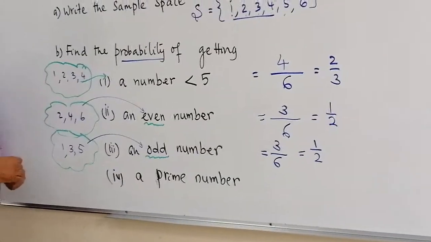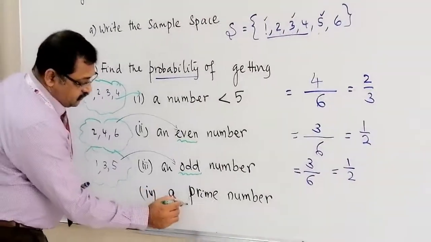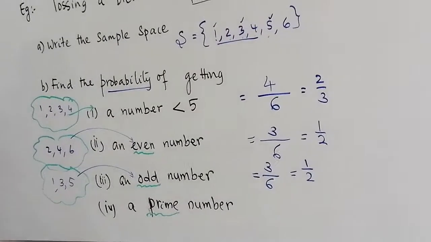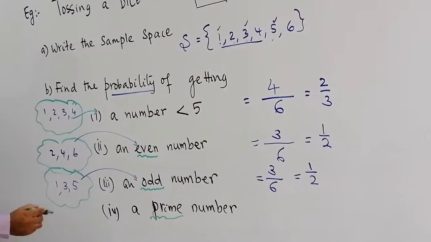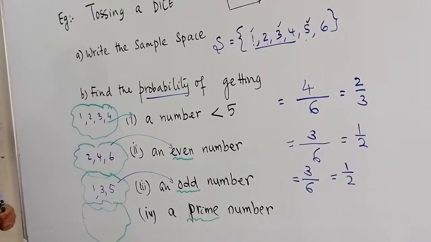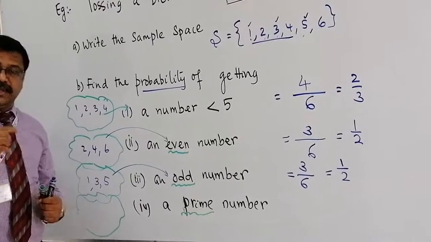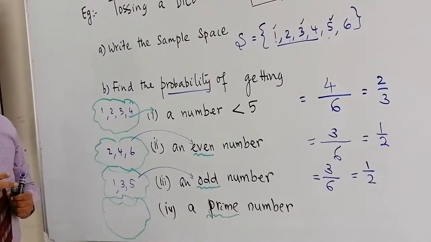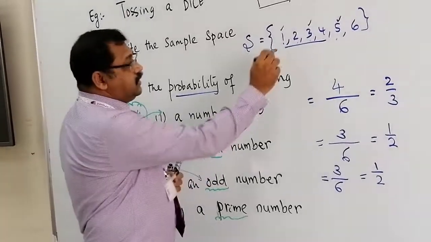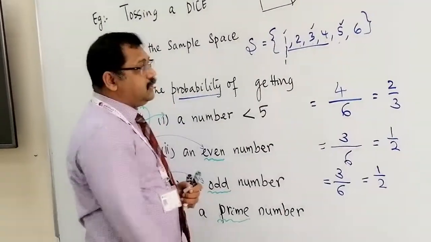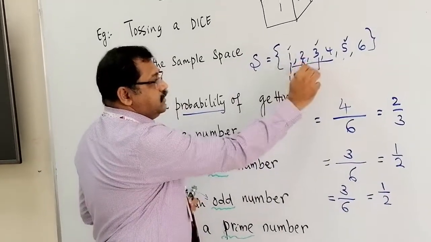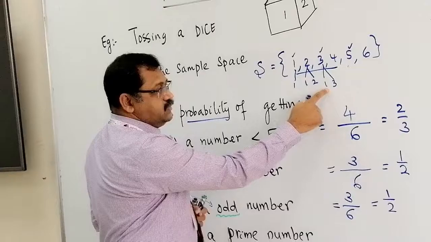Now look at the last one here. What is the probability of getting a prime number? What are prime numbers? A prime number is a number which has exactly 2 divisors, exactly 2 factors. We know that 1 has only 1 factor, but 2 has 2 factors, 3 has 2 factors, which are 1 and 3.